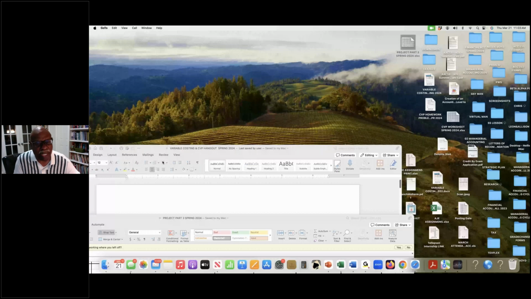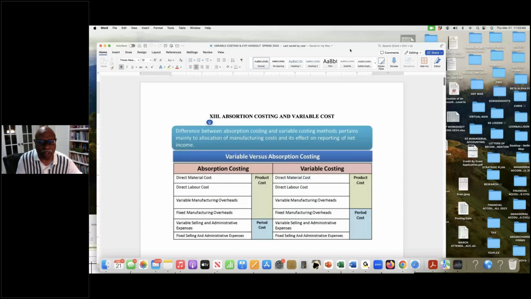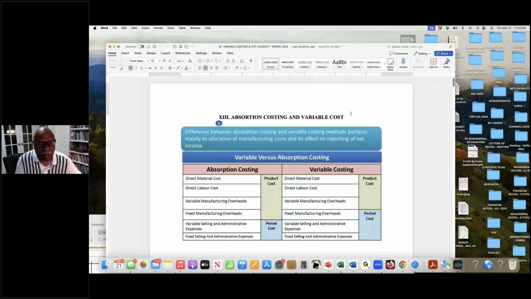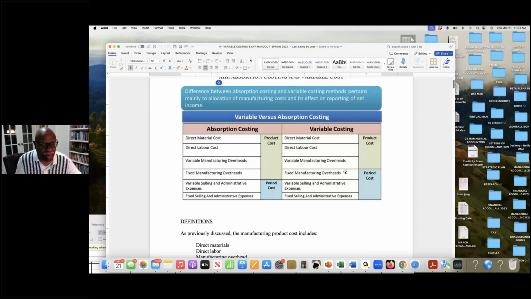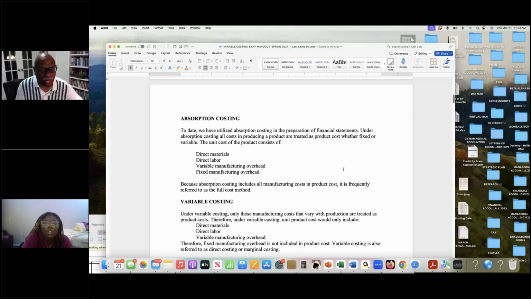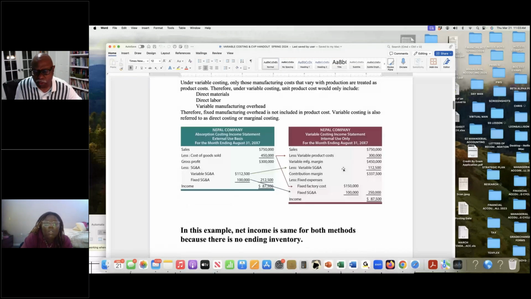Of course, last time we began to talk about variable costing or direct costing versus absorption costing. And we do this in managerial accounting because we're more in planning mode, so we have a different format of the income statement.